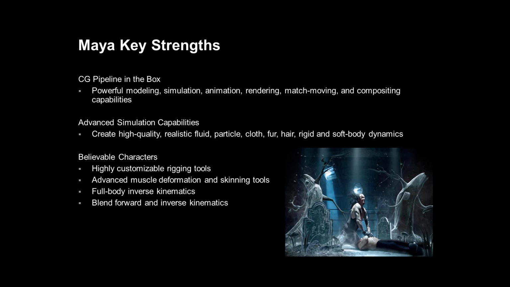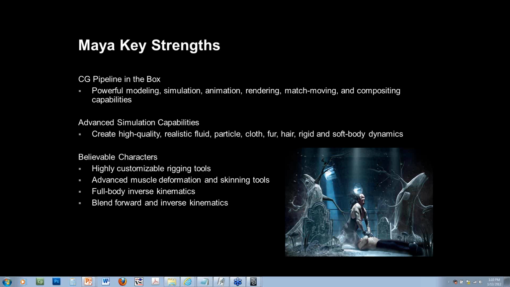It offers also advanced simulation capabilities. It does have an extensive set of simulation tools for creating high-quality, realistic fluid, particle, cloth, fur, hair, rigid and soft body dynamics. So the dynamics engine that Maya has is one of the most famous.